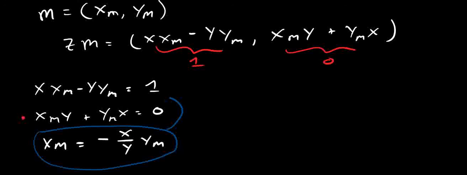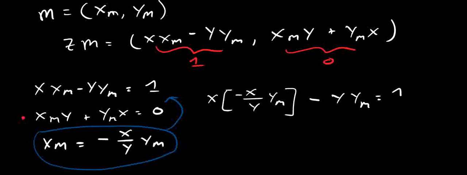Now I'm going to plug this into my very top equation. And I'm going to get x times negative x divided by y times ym minus y times ym is equal to 1. So there's going to be a negative in both terms.